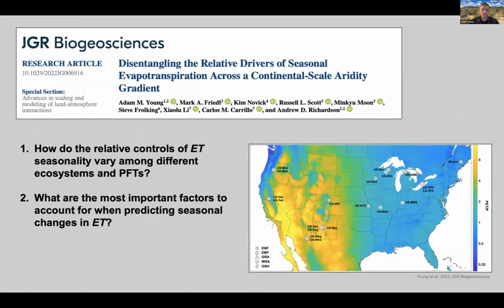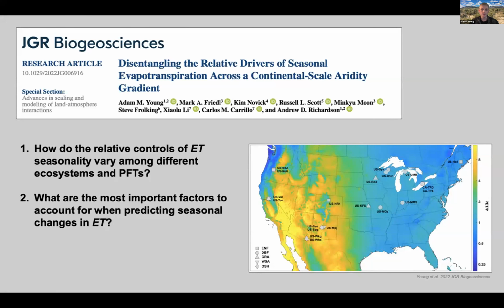Within the last couple of minutes here, I want to give a really brief overview of another study we did using phenocam to study seasonal patterns, in this case regarding evapotranspiration. So in this study, we were interested in better understanding what are the most important drivers of seasonal patterns of evapotranspiration in different ecosystems.